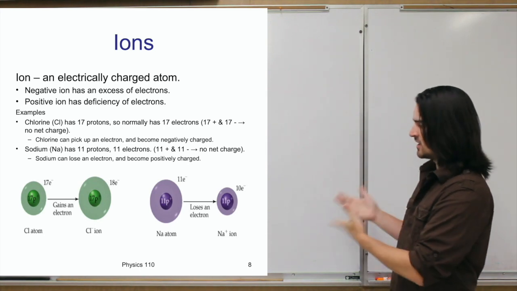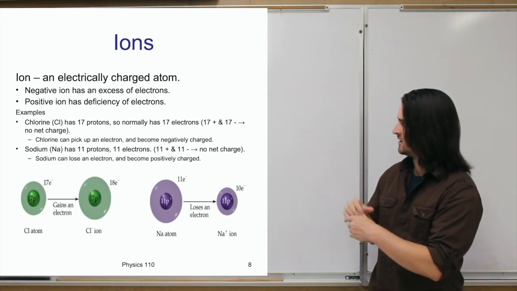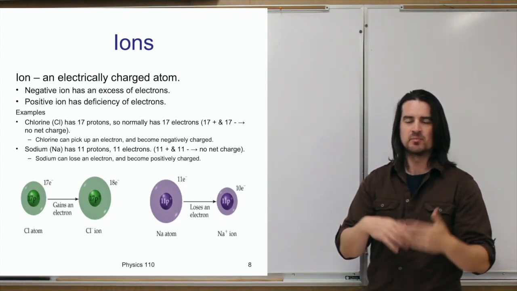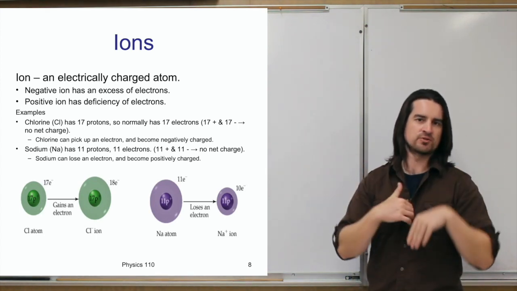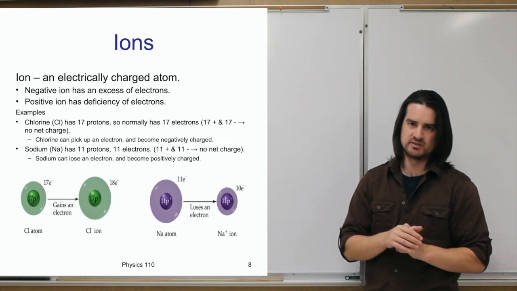So now this is a positively charged ion of sodium. And in these examples, it's only one electron losing and one electron gaining, but that's not the extent of it. You can lose multiple electrons, you can gain multiple electrons. So you could have multiply charged ions.